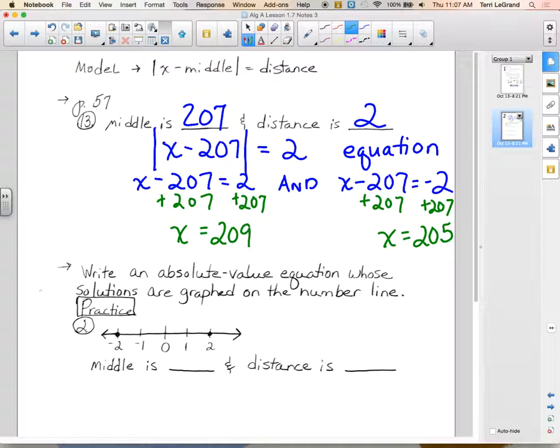I'm feeling pretty good. I got 205 and 209. How about you? Yeah. We already figured those out, hadn't we? Okay, which one's the maximum? 209. And which one's our minimum? 205.